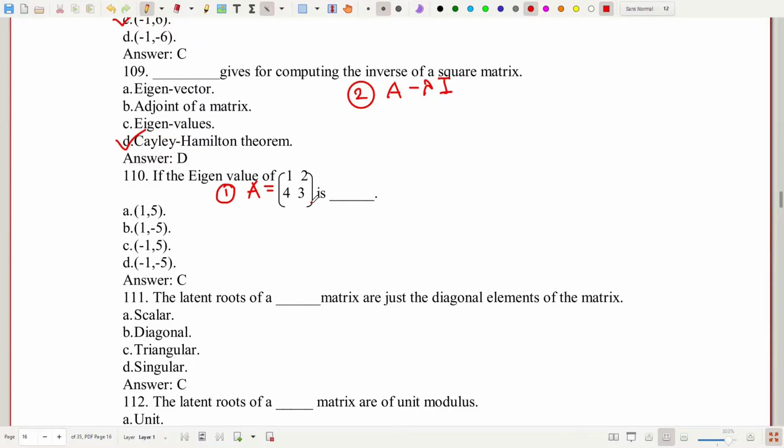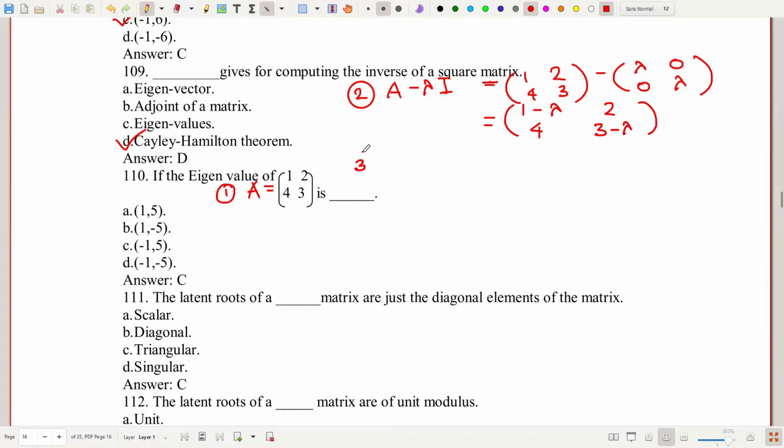As usual, the A matrix is of order 2, then we consider the identity matrix of order 2. So we get 1, 2, 4, 3 minus lambda 0, 0, lambda, or we get 1 minus lambda 2 and 4, 3 minus lambda.